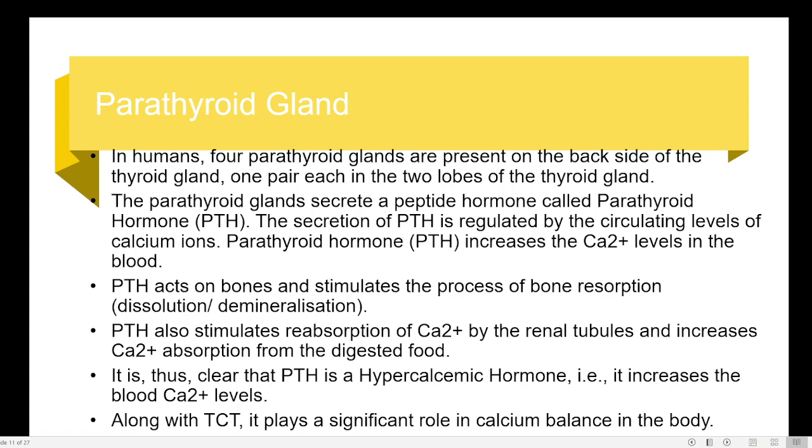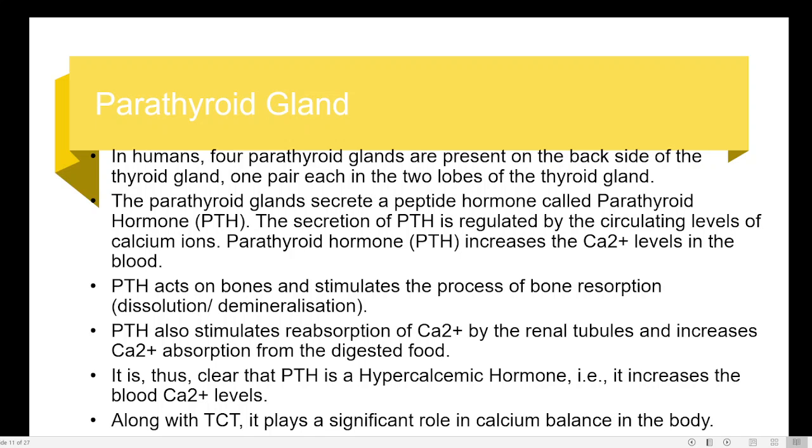So that is how thyrocalcitonin and PTH are controlling the level of calcium, bone cell formation, and it decreases the calcium content of the blood. So TCT or thyrocalcitonin decreases calcium ions in the blood. PTH will be increasing the calcium ion content in the blood. So both are having opposite effects.